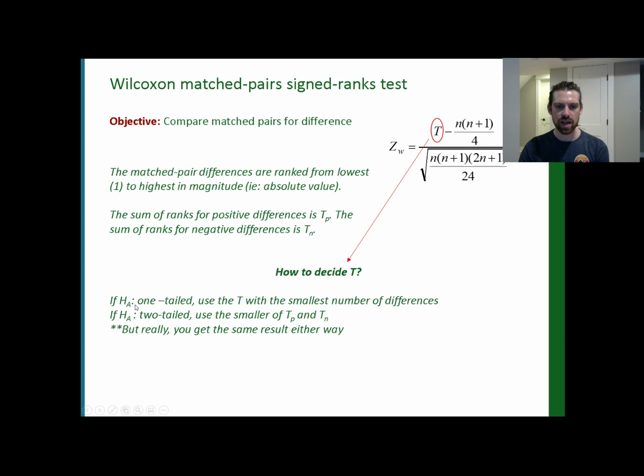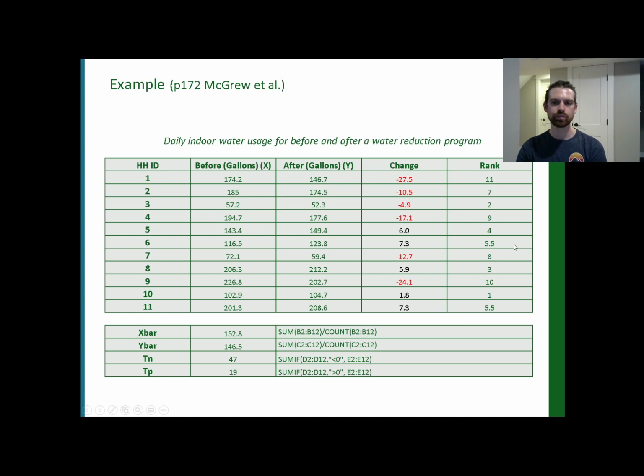And then if we have a one-tailed hypothesis, then we use the t with the smallest number of differences. And if we've got an alternative hypothesis which is two-tailed, then we use the smaller of either Tp or Tn. But you might get a similar result, but there are these specific rules that we have to follow in order to use this equation and select the right t value.